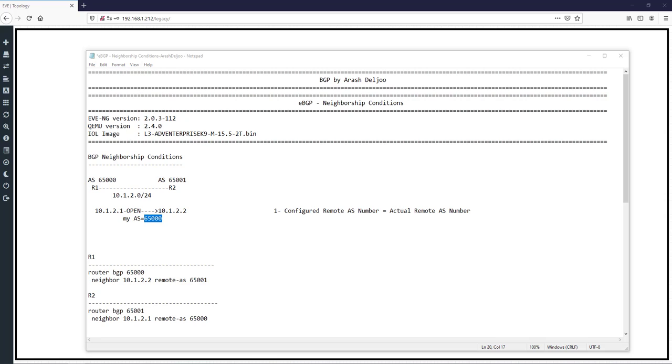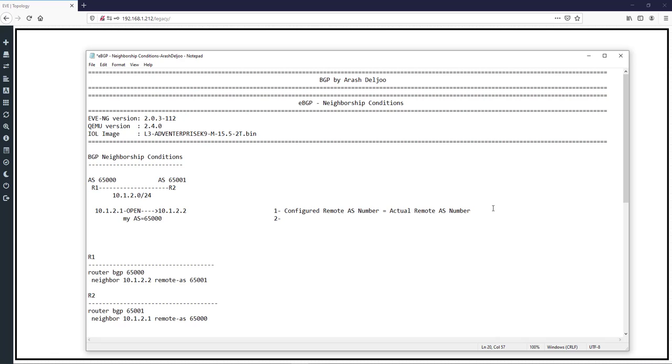When R2 receives an open message with the source IP configured before in R2, and also with the AS number configured before as the remote AS number, it can ensure that the received open message is from the authorized or correct neighbor. Because of that, it accepts it. This is the first condition that should be met for the neighborship: the configured remote AS number is equal to the actual remote AS number.